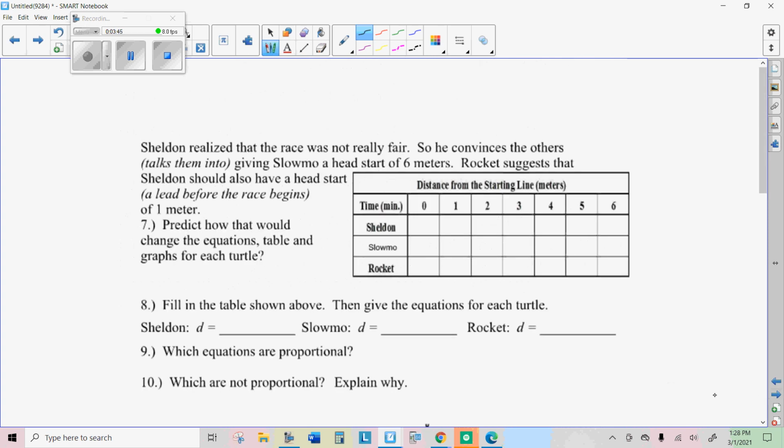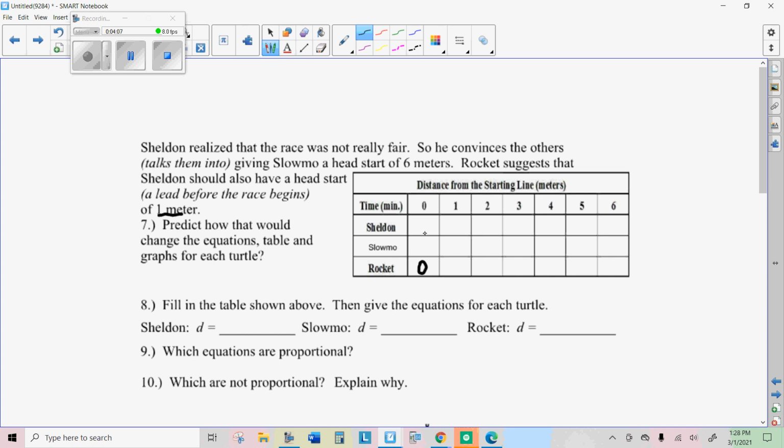All right, Sheldon realized that the race was not really fair, so he convinces the others to give slow-mo a head start of 6 meters. Okay, Rocket suggests that Sheldon should also have a head start of 1 meter. So the way we're going to show that is Rocket will not get a head start, so he'll still start at 0.